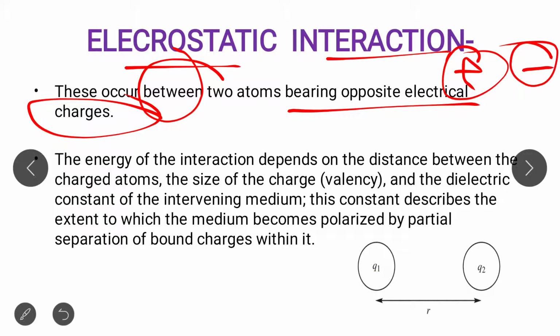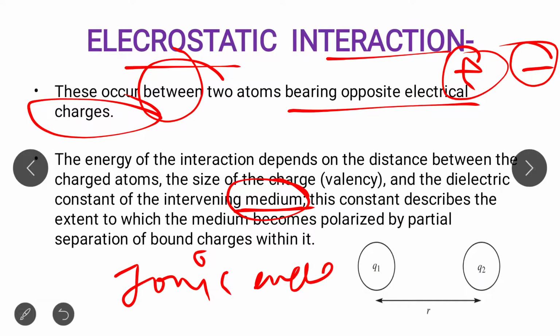Remember one point: it depends on the medium, epsilon, and through that medium you can calculate the ionic energy. I already provided the formula of ionic energy. I hope you noted it down. If not, please go back, pause the video at that moment and note the formula, since it may be asked in CSIR. See this figure: Q1 and Q2, and the distance between the two charged molecules is r. I hope you got a clear idea about electrostatic interaction. If you have any doubt, please comment.